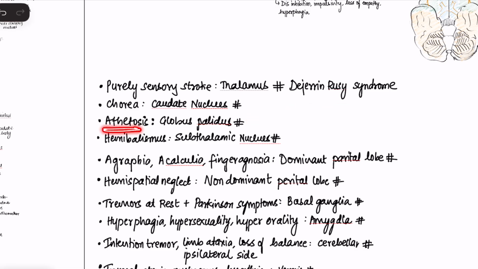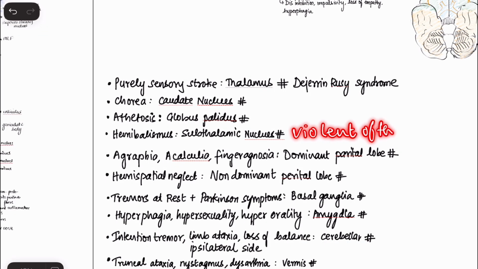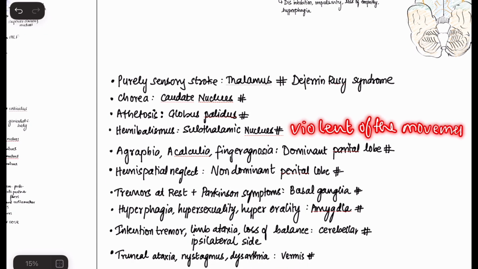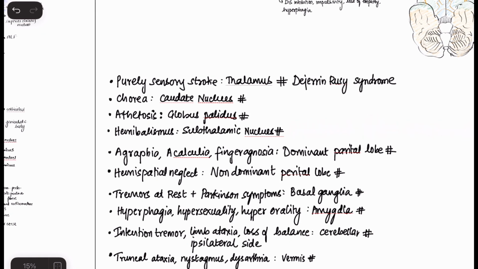And athetosis implies damage to the globus pallidus. Then coming to hemiballismus. Hemiballismus is a flinging sort of movement, as if you're trying to throw something. This also occurs in the limbs, but this is the more violent of the movements. Right. And hemiballismus indicates damage to the subthalamic nucleus.